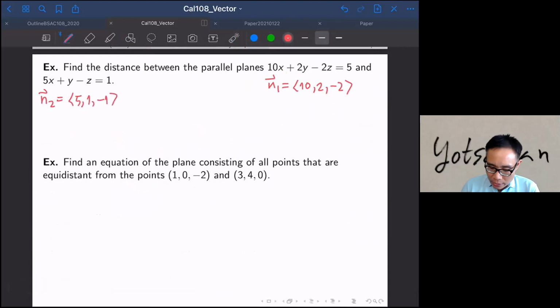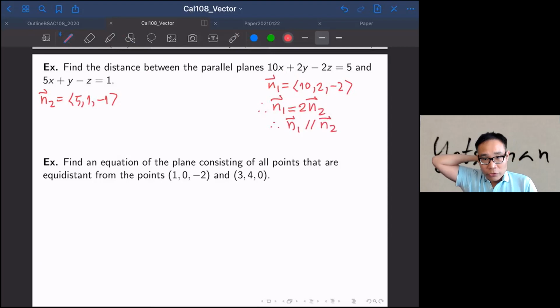You see that n1 turned out to be double n2, so n1 is parallel with n2. So these two planes are parallel, and you'd like to find the distance between them.